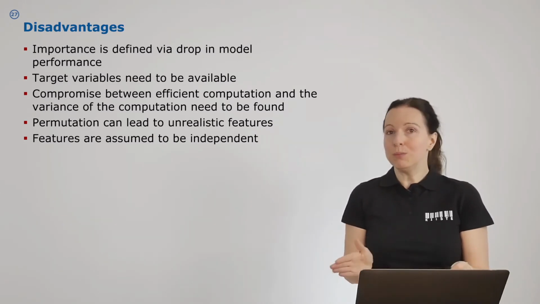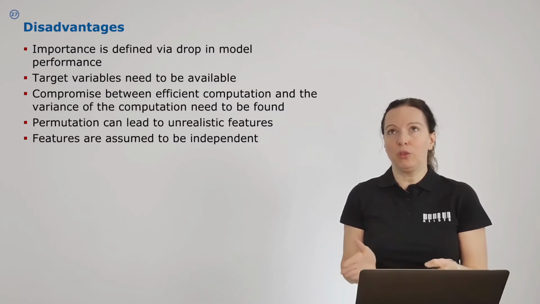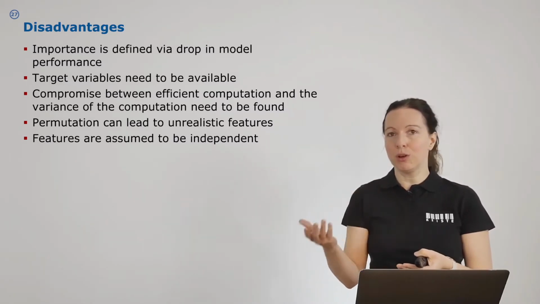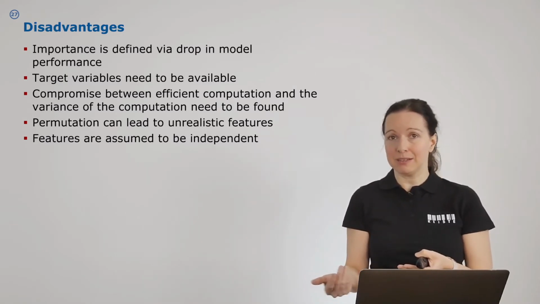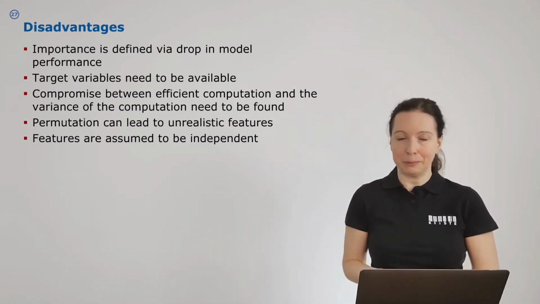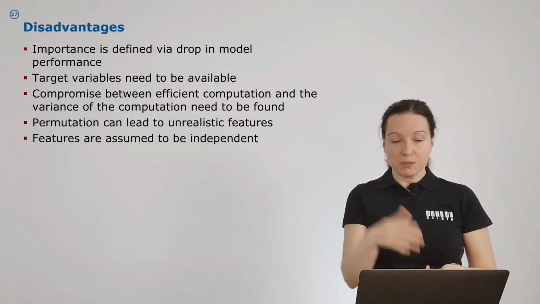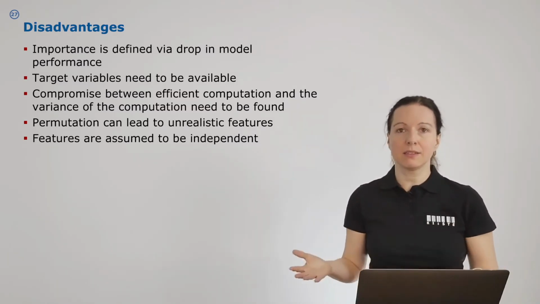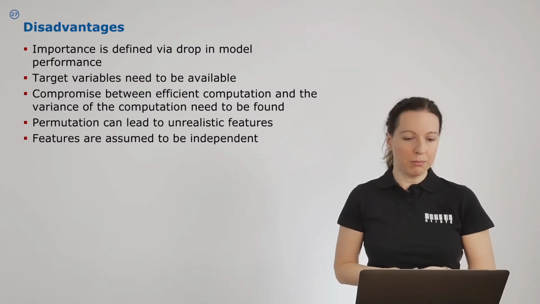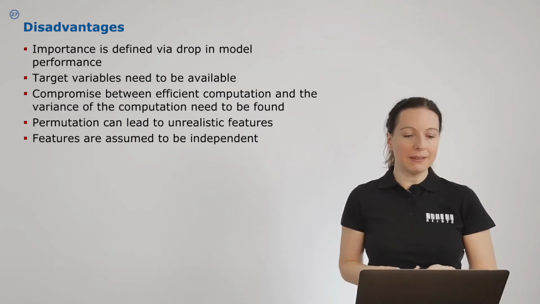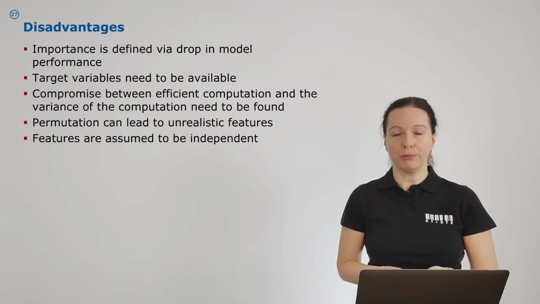If they were independent and you use reasonable feature values, there would not be unrealistic data samples. So this is not specific for this method. This is a problem for all feature importance methods. Or not really a problem, but an assumption you need to fulfill.